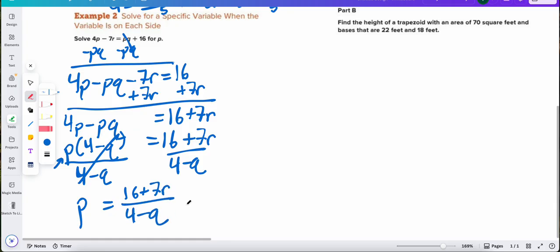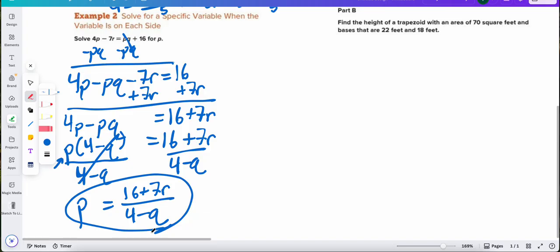So our 16 plus 7r over 4 minus q would end up being our final answer. Okay. So it's going to be the process. You guys could have done the steps a little bit out of order, but no matter what, you should still arrive at the same answer. So like this problem, you could have started out with adding the 7r, then subtracting the pq and going from there.